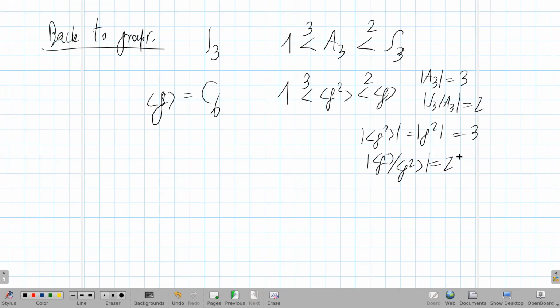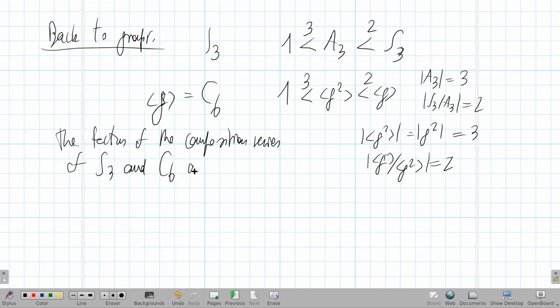So what you see is that the factors of the two composition series of S3 and C6 are the same. Because of course, these are cyclic of order 3 and cyclic of order 2. Yet the two groups are not isomorphic.